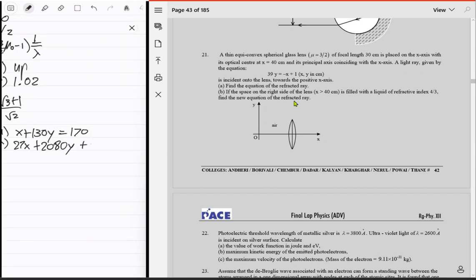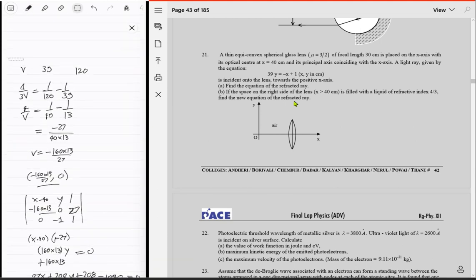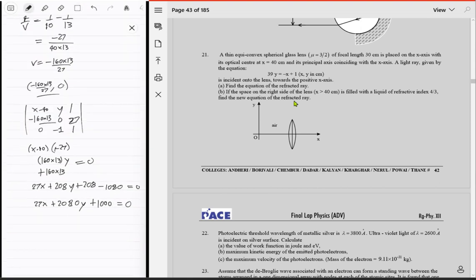Okay, then plus 1000 is equal to 0. Somehow, I don't know how this happened. Like that's what it is. I'm thinking it should have been negative here. Was this supposed to be negative or what? The last one, that was positive. So okay, whatever.